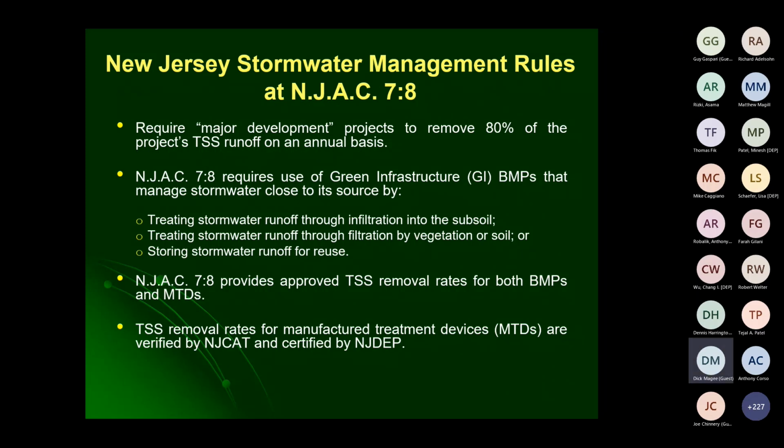I understand you'll have more information in Module 4, but basically, as a reminder, green infrastructure treats stormwater runoff through infiltration into the subsoil, through filtration by vegetation or soil, or by storing stormwater runoff for use. We'll talk about that a little bit later in the presentation.